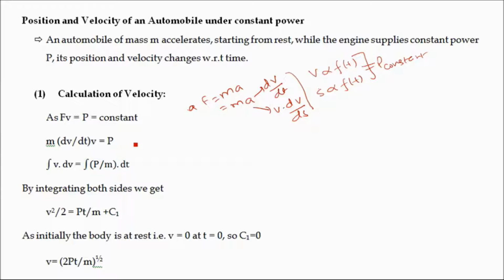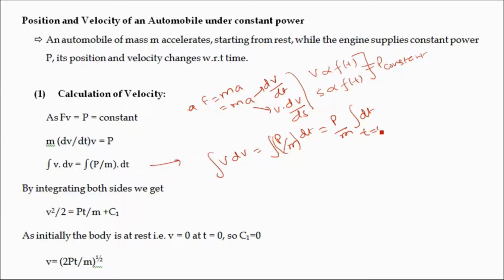Now we will integrate it. On the left hand side we will get v into dv, and on the right hand side we will write P by m into dt. How will we do this integration? The factor P by m on the right hand side is constant, so we can take it outside the integration, and we are integrating time.